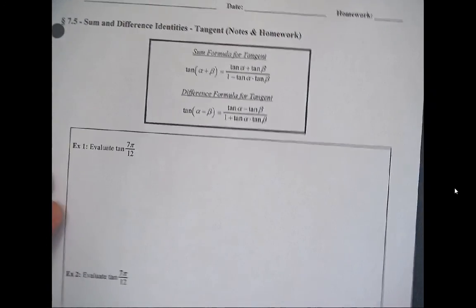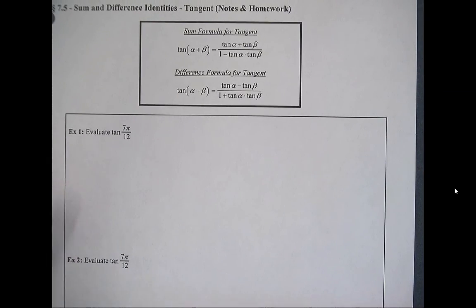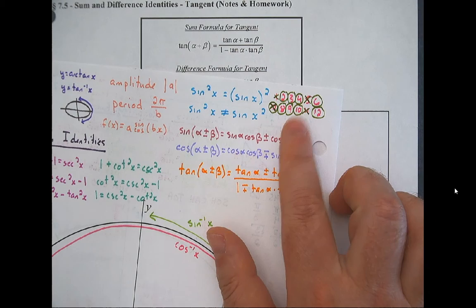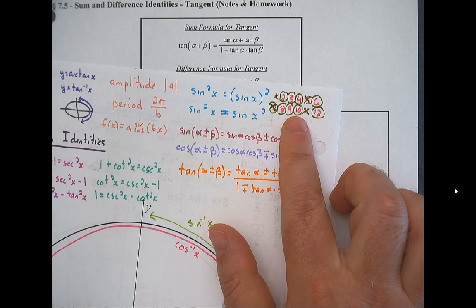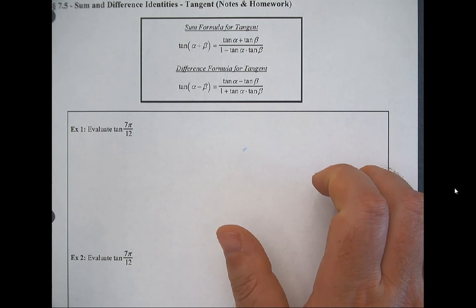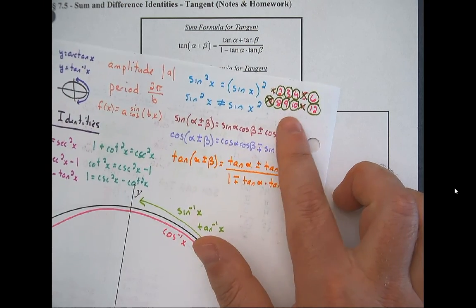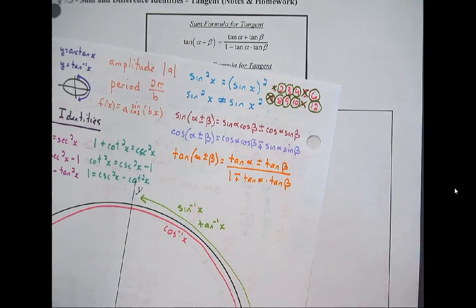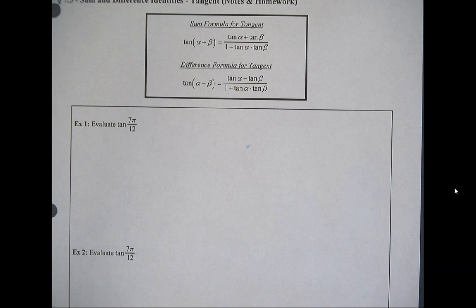Okay, so evaluate tangent of 7 pi over 12. So this is, again, one of those scenarios where I want to pick something that reduces with 12. So I'm going to pick from these circled numbers, find a combination that makes 7 pi over 12. The only way to do it by adding is 3 and 4. So I'm going to go with 3 and 4.